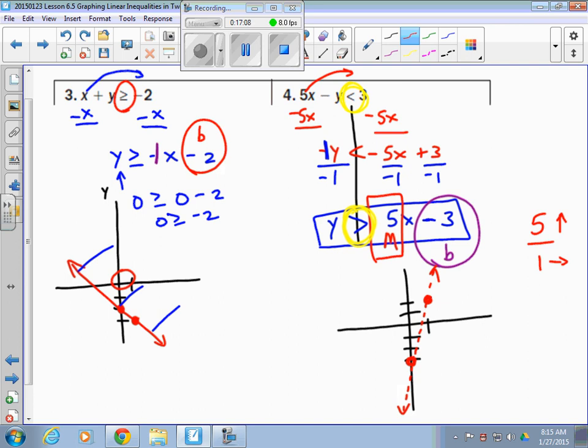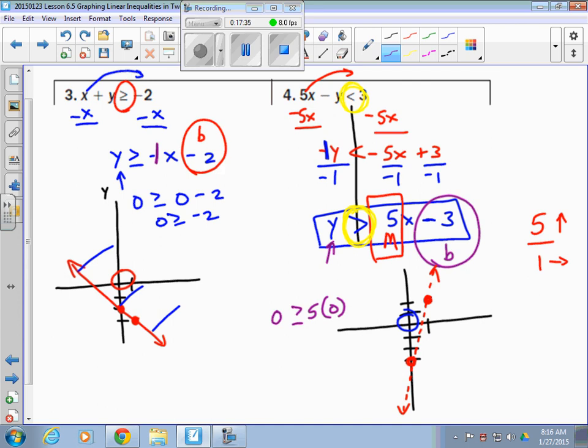Again, we're going to shade everything here or everything here, one or the other. Since our line doesn't go through 0, 0, we're going to pick that point 0, 0 and plug it into our inequality. 0 is greater than 5 times 0. Again, you don't even have to write that out because you know 5 times 0, or anything times 0, is going to be 0.